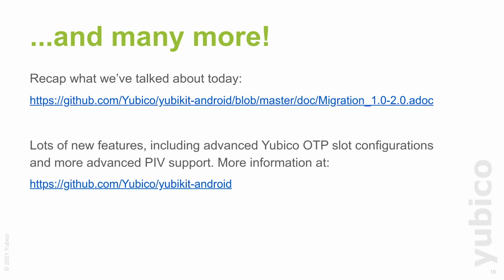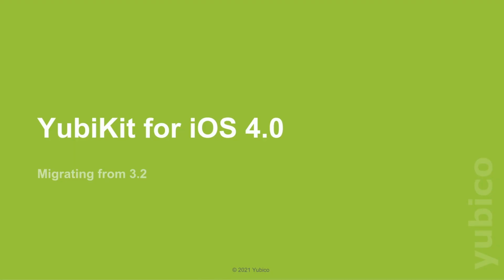And there's also a bunch of new features which you can discover by looking at our GitHub page as well, like much more advanced Yubico OTP slot configurations, more advanced PIV support. Just check out the project page for all additional information on that. Thanks. That was it for me. Over to Jens.